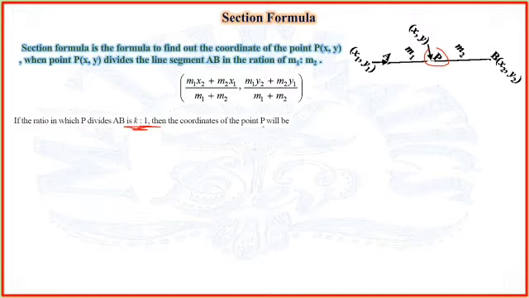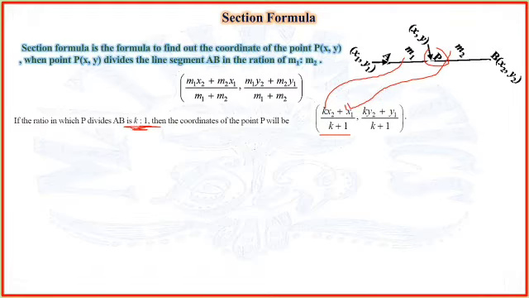Then the coordinates of the point P will be (k x2 plus x1) upon (k plus 1). Similarly, instead of m1 we take k and instead of m2 we consider 1. So (k x2 plus x1) upon (k plus 1) and (k y2 plus y1) upon (k plus 1).